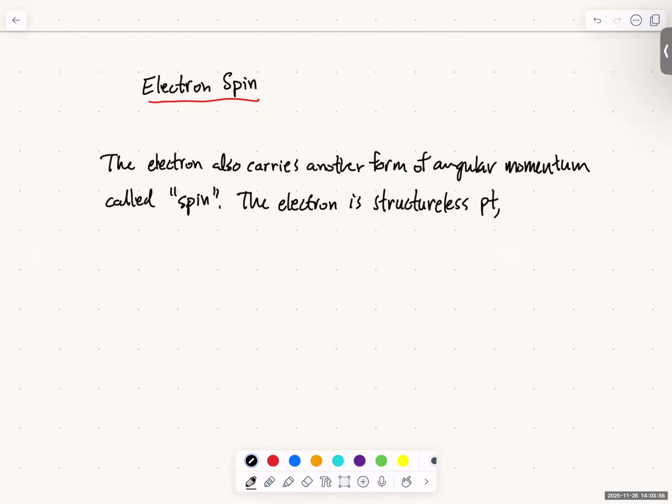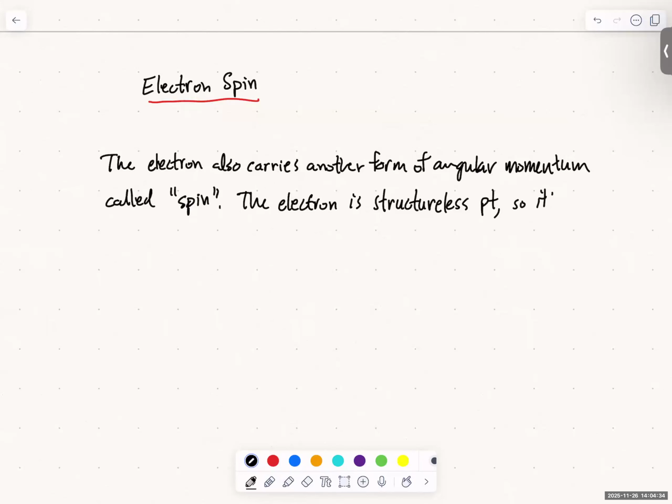We think of it as a cloud of probability amplitude that surrounds the proton and takes on some shape depending on what state it's in. So it doesn't make sense to carry the analogy of the spinning Earth too far. The electron is not a spinning object, and we shouldn't think of it that way. But by analogy with the Earth, it has two forms of angular momentum: the orbital angular momentum and the spin angular momentum.